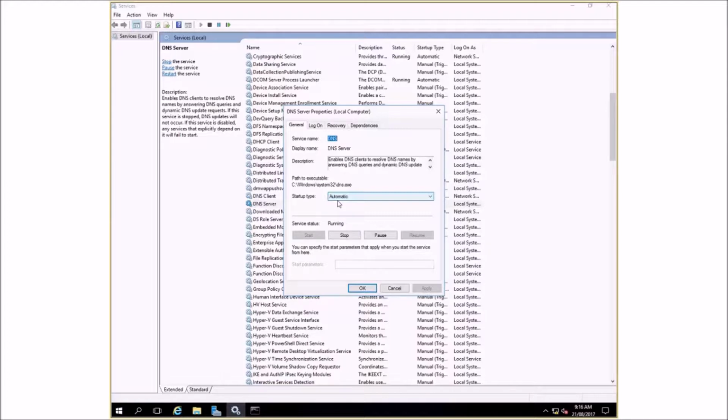But we don't have to make it automatic, obviously. So there's a couple of options. We can have automatic, we can have manual. What manual means is that by default, it's not going to be started up. And if you do want to start it up, you have to go in here or somewhere else and manually tell it to start up. So why would someone use this? Well, you wouldn't use this for any important services that must be running all the time.